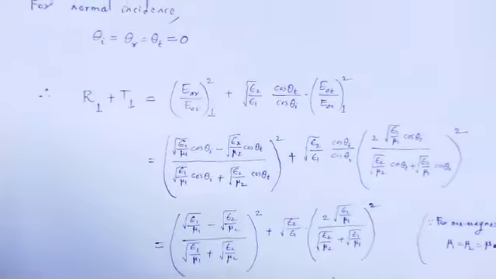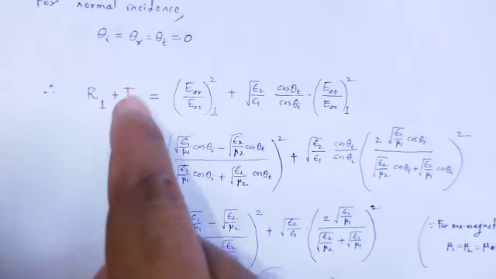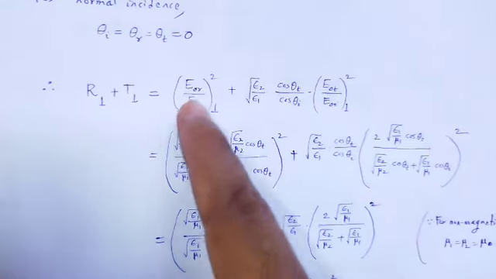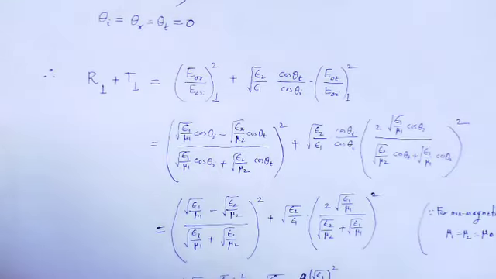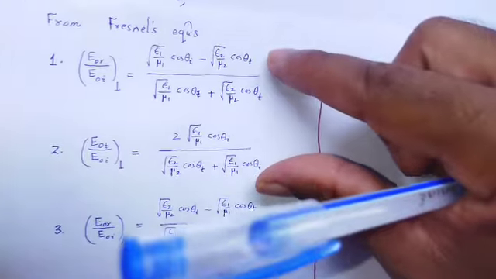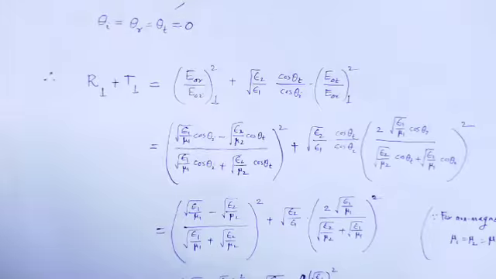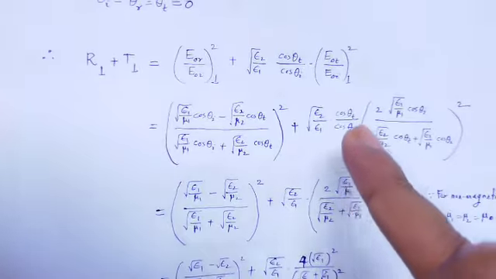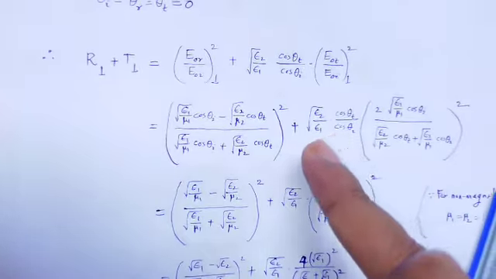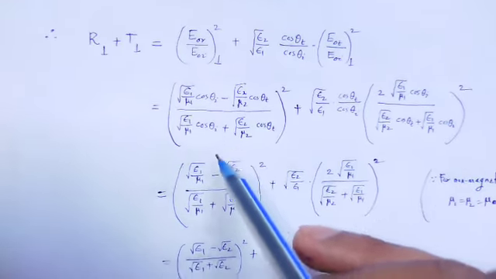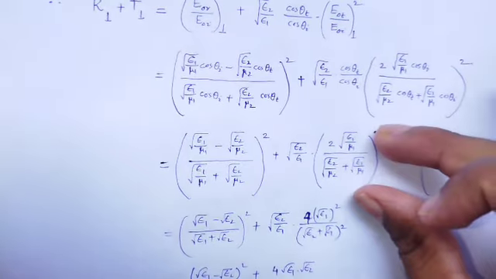For r perpendicular plus t perpendicular, the values are put in using Fresnel's two equations for the perpendicular situation. As theta I, theta t, theta r are 0, cos 0 is obviously 1, and the equation changes to this form.